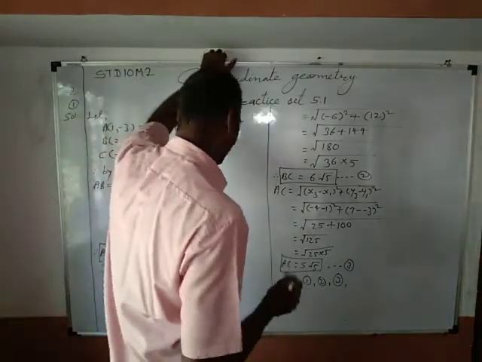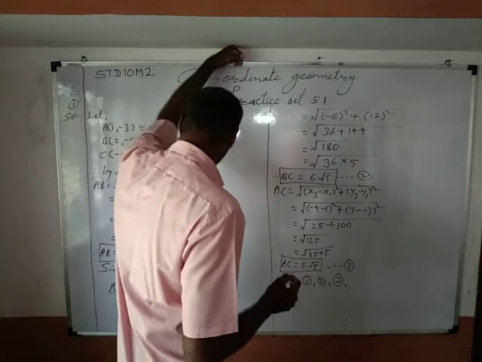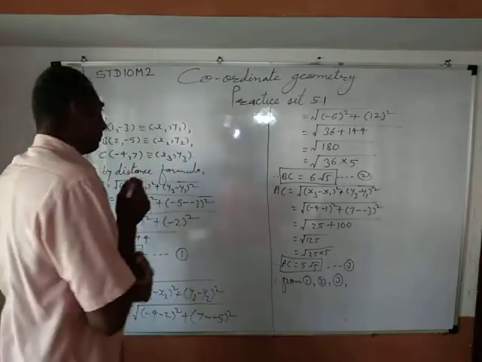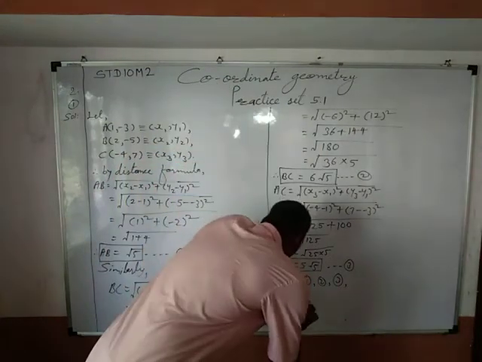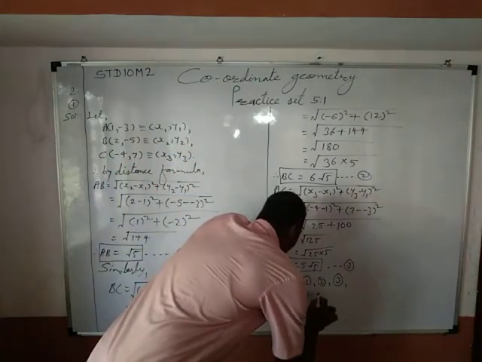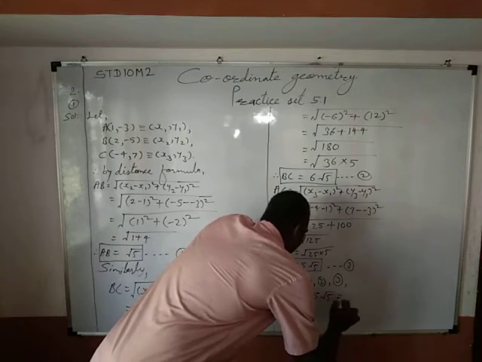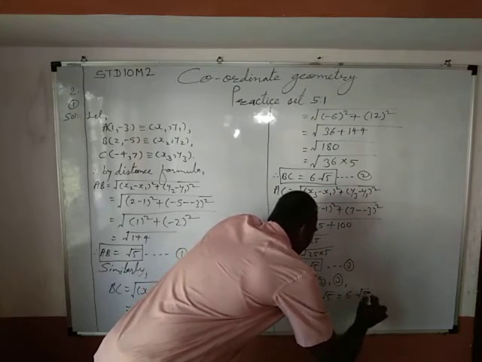We will mention here from 1 to 3 we may write root 5 plus 5 root 5 equals 6 root 5.